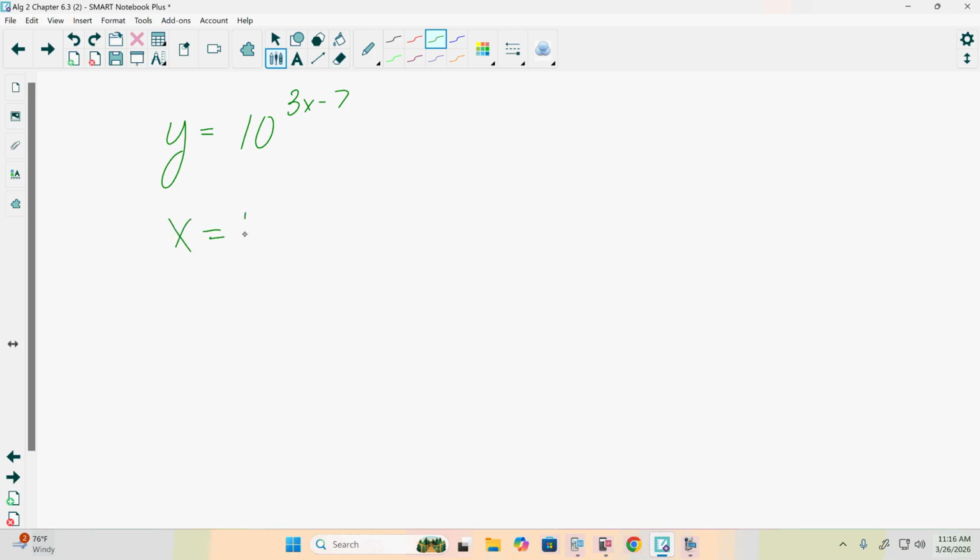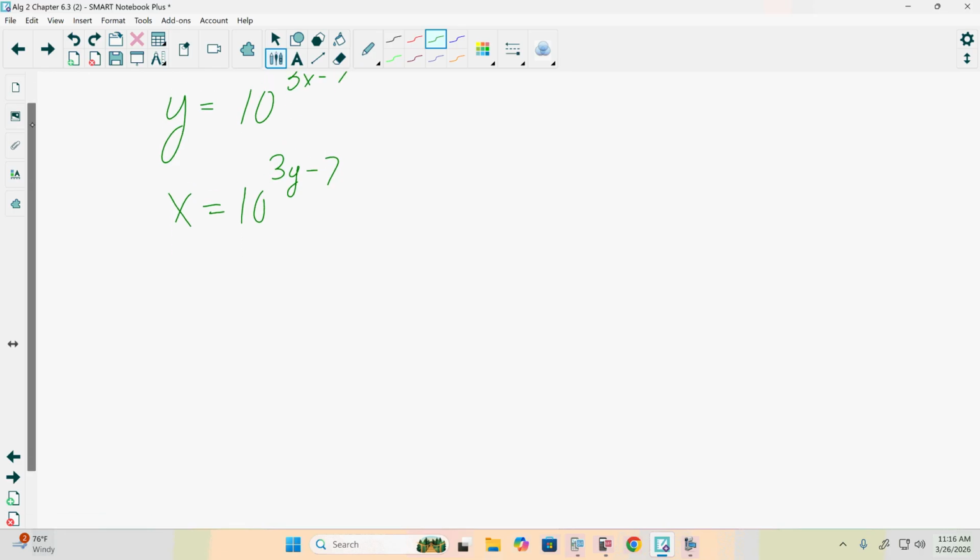We're going to switch x and y. Now I'm going to write it underneath it because I definitely did not give myself enough room to apply log, especially between the 10 and that equal sign. But I can apply a log to both sides.